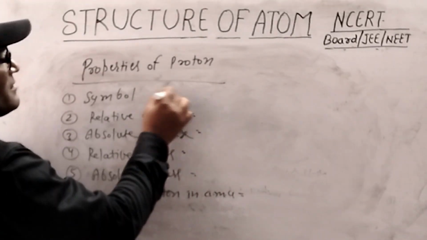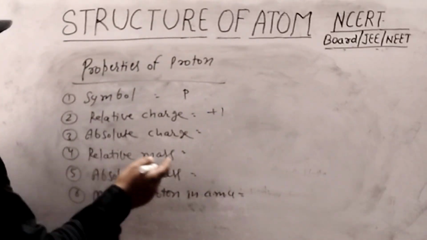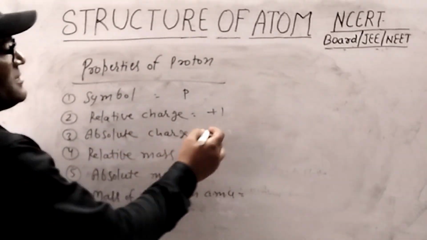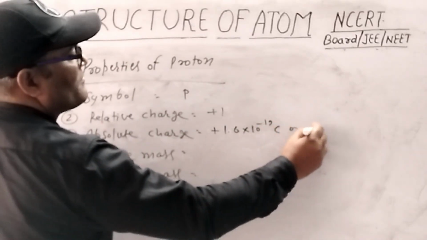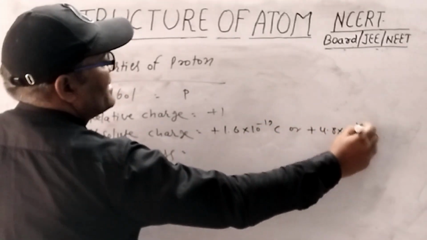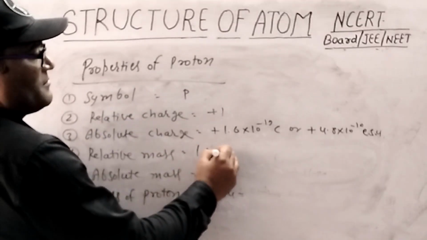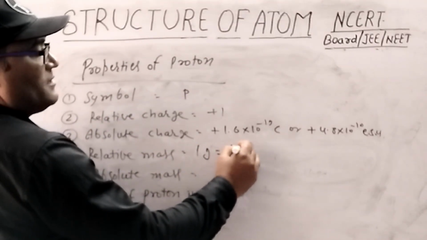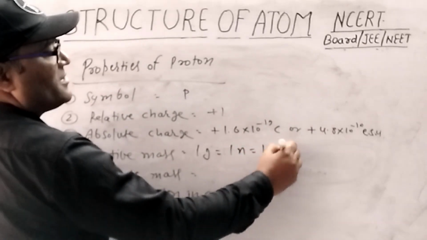Now we can write here, symbol of proton is a small p. Relative charge of proton, 1 positive charge. After that, absolute charge, plus 1.6 into 10 to the power minus 19 coulomb, or plus 4.8 into 10 to the power minus 10 ESU. Now relative mass of proton is 1 gram is equal to mass of 1 neutron is equal to 1837 electrons.